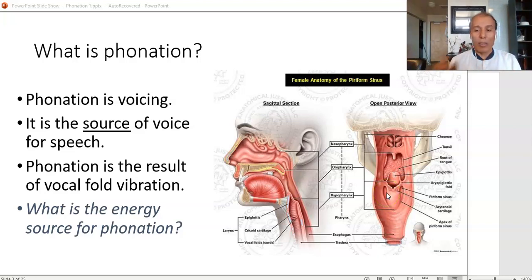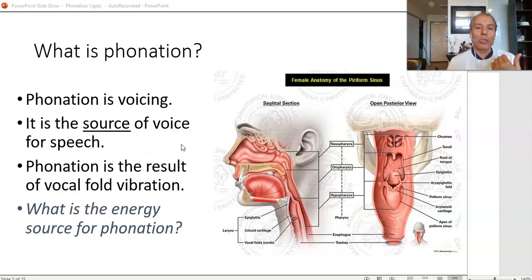a buzz. And as the air from that buzz streams through the vocal tract, oral cavity, nasal cavity, then the articulators, organs of speech, are going to chop the air as it's going out, and segment it into individual sounds and words. So phonation doesn't mean speech.